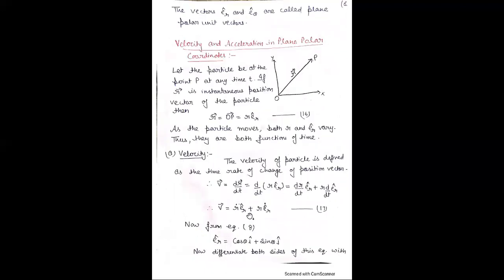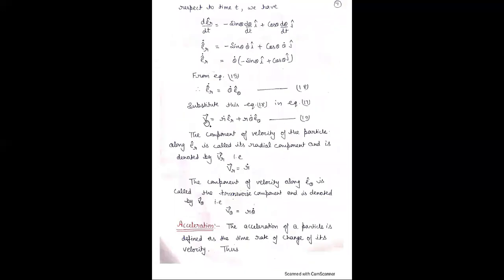Substitute these values in equation 17, and the resultant equation is v is equal to r dot e r unit vector plus r theta dot unit vector e theta cap. Here there are two components of velocity, along e r and along e theta.